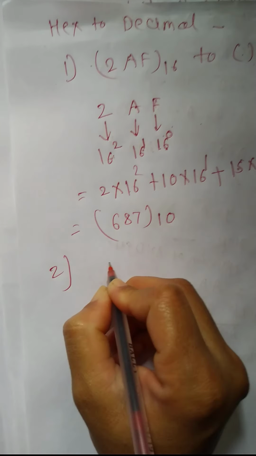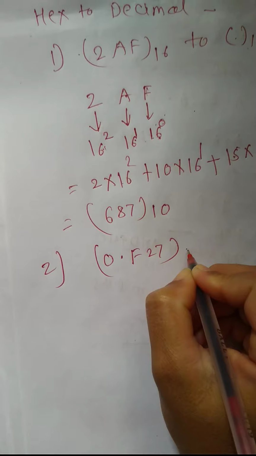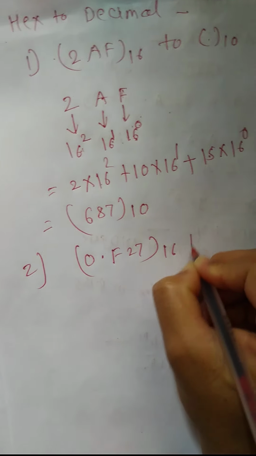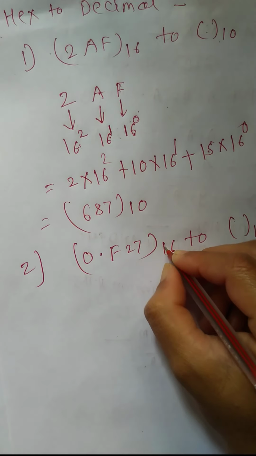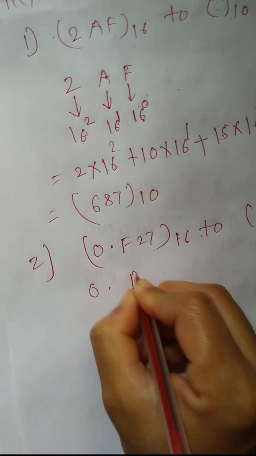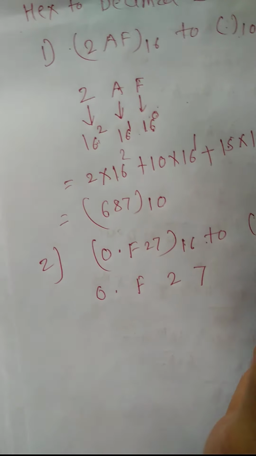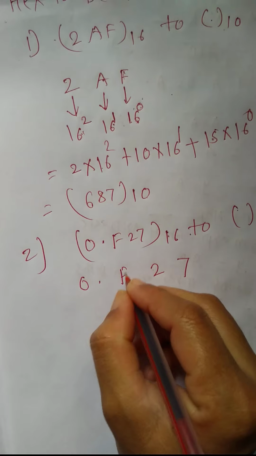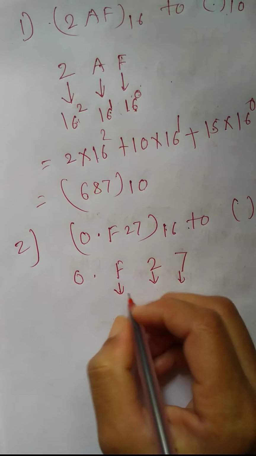Second problem, 0.F27. This is a base 16 number converted into decimal, that is conversion hex to decimal. So 0.F27, these numbers are on the right-hand side. For these numbers the powers are negative in terms of the base.